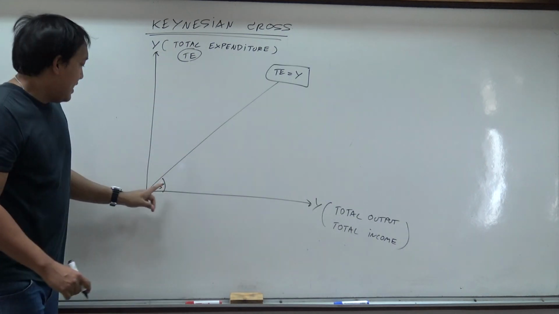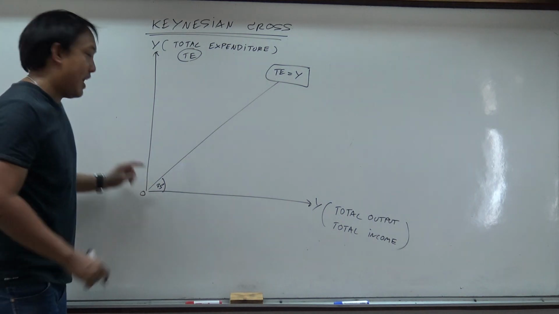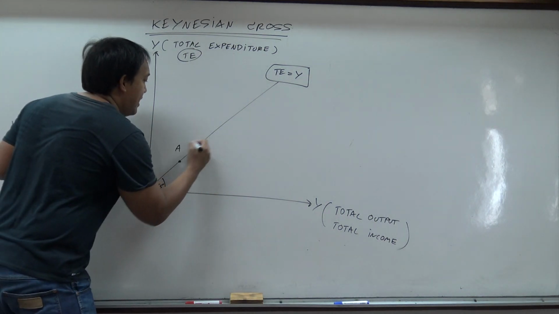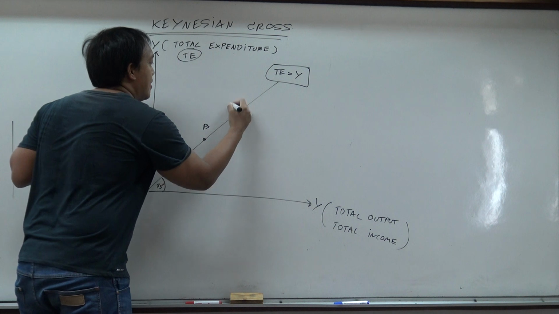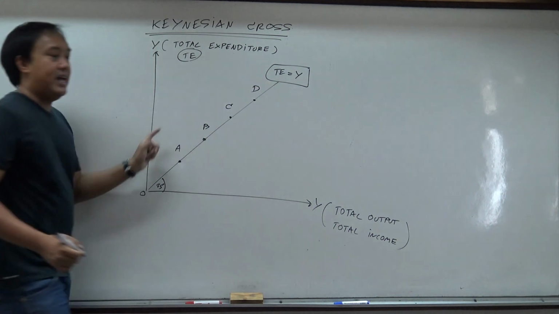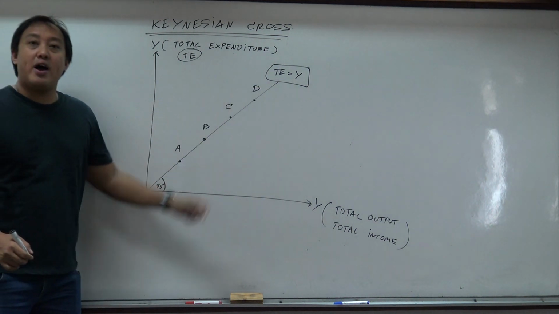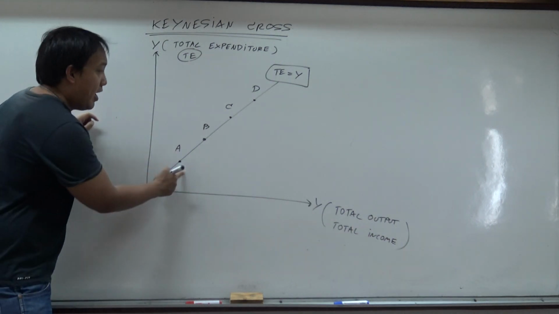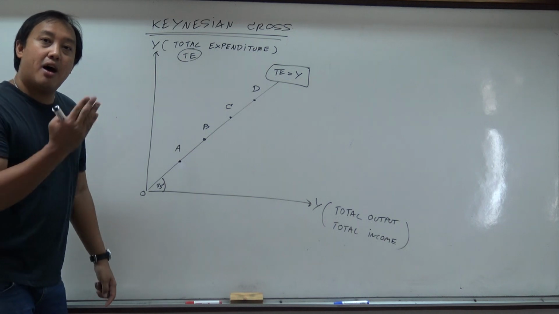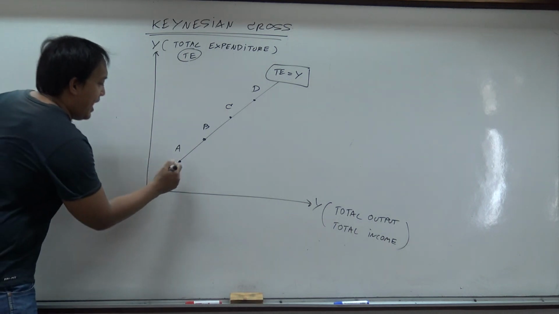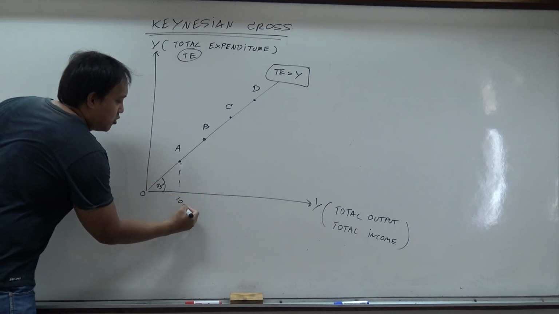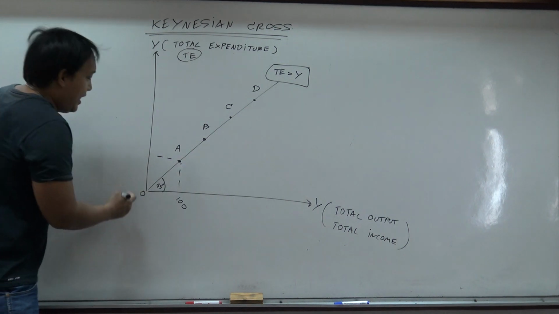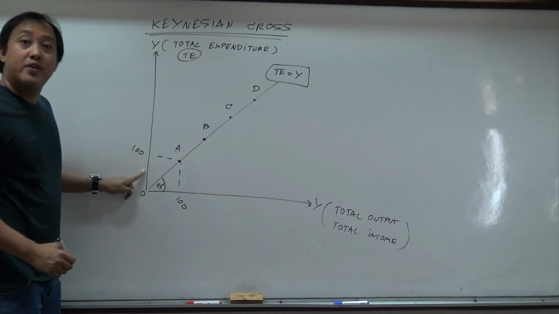So what does this mean? This is the 45-degree line. For example, take point A, point B, point C, point D. One of the nice properties of the 45-degree line is that at point A, if the horizontal is equal to 100, the vertical will also be equal to 100.